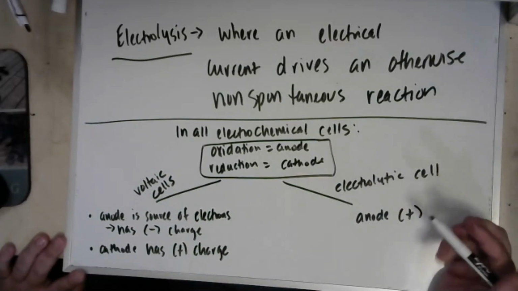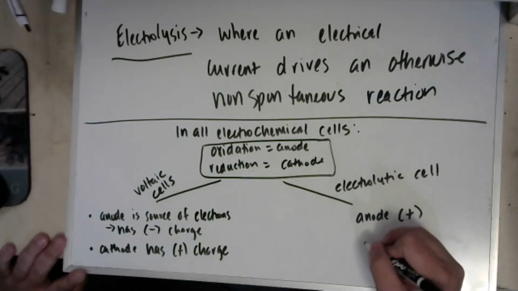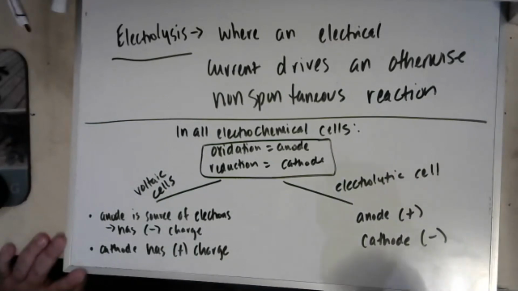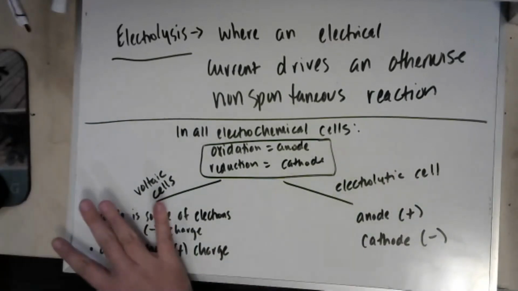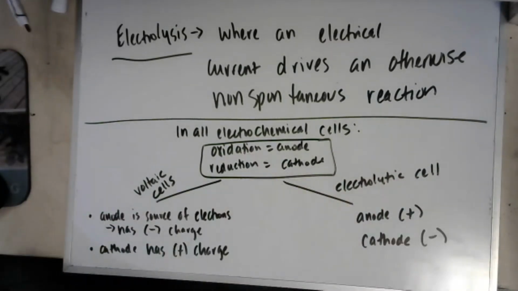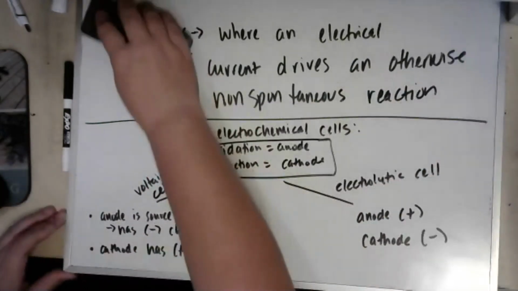The electrons are actually going to be forced into the cathode, and that cathode is going to have a negative charge. All right, so these are the differences between a voltaic cell, which are the ones we were looking at before, and an electrolytic cell, which we're going to be looking at now, because we're going to have to do a little bit of reasoning to answer this question. That's why we have to go over this stuff.